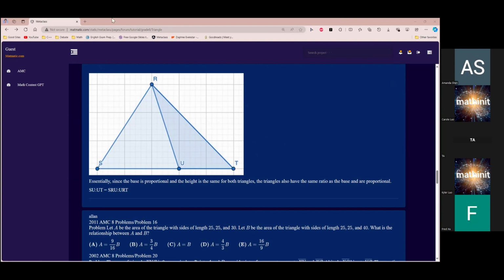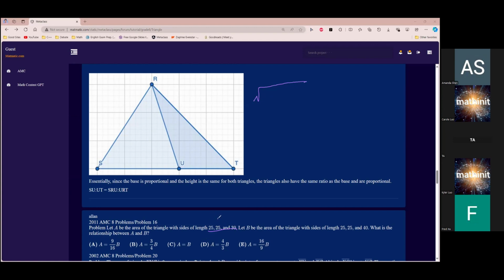Okay, so time's up. You're told that the area of a triangle that has the side lengths 25, 25, and 30 is A, and the area of a triangle that has the side lengths 25, 25, 40 is B, and you want to know the relationship between A and B. You could find the area of these two triangles using Heron's formula.